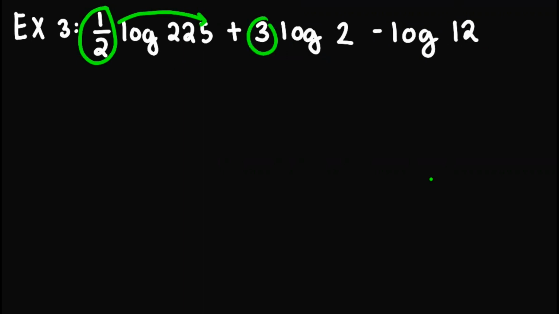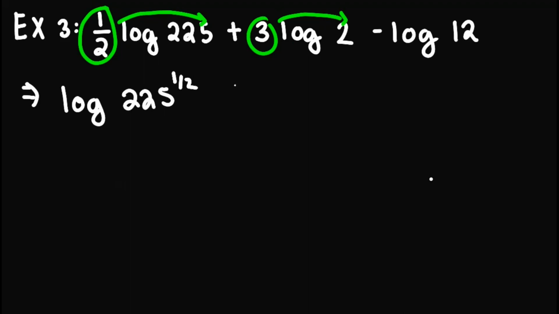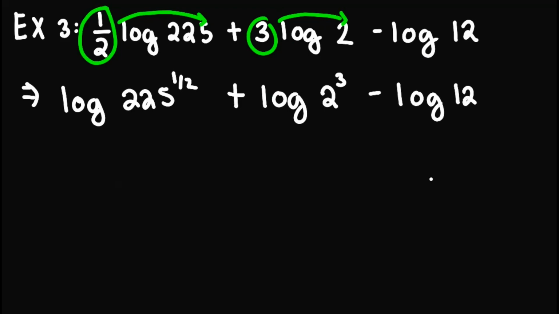So 3 will go over here, and for log 12, we simply leave it out here. So this will become the logarithm of 225 raised to 1/2 plus the logarithm of 2 cubed minus the logarithm of 12.